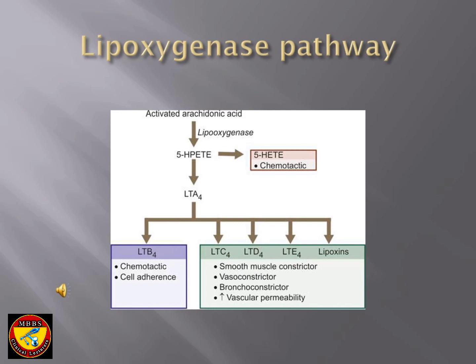Then LTC4, LTD4, LTE4 and lipoxin cause smooth muscle constriction, vasoconstriction, bronchoconstriction and increased vascular permeability. So if you remember the sequence of processes which happen in acute inflammation, you can easily remember the chemical mediators affiliated with each process.